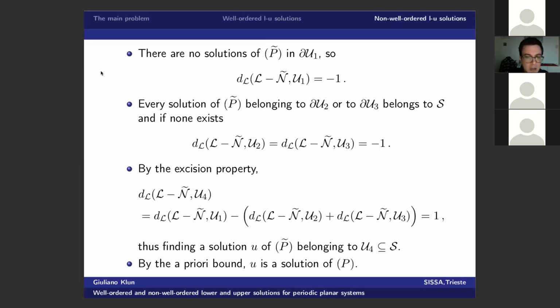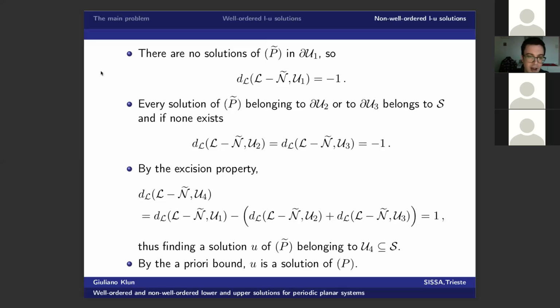It can be calculated as the difference between the degree of the same operator with respect to U1 minus the sum of the other two, with respect to the other two sets U2 and U3, finding -1 minus (-1 plus -1), that is, -1 minus (-2), which is 1.